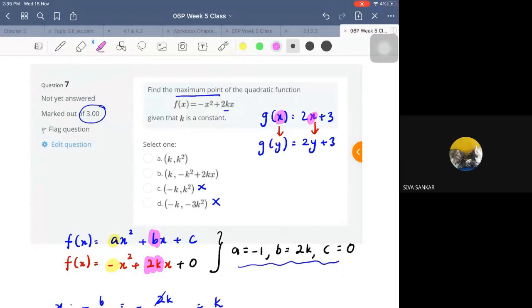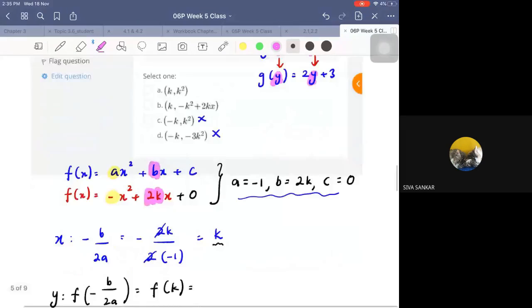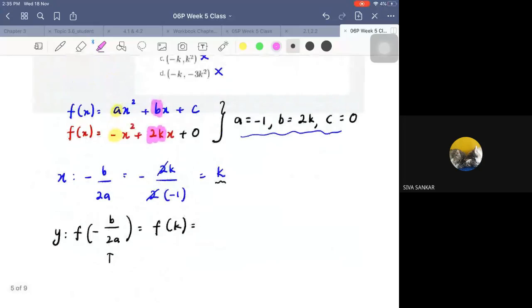How do you change the function? This is what I expected you to do as well. Previously, this is in terms of f of x. Our variable is x. Now we're going to change this and make it in terms of k. So everywhere there is x in the equation, I'm referring to this x and this x, I'm going to change them to be in terms of k.